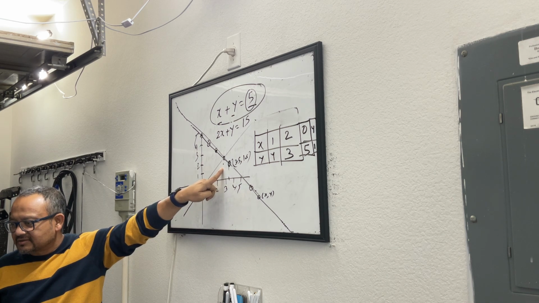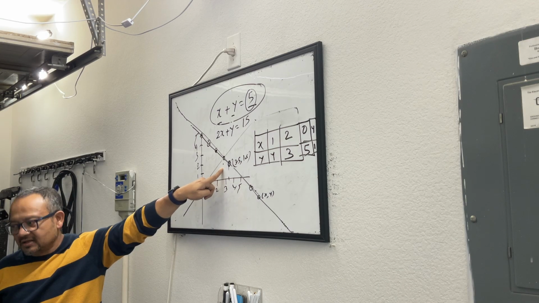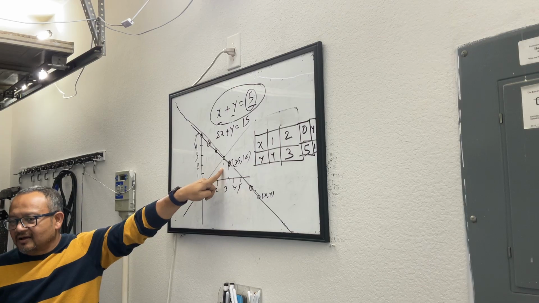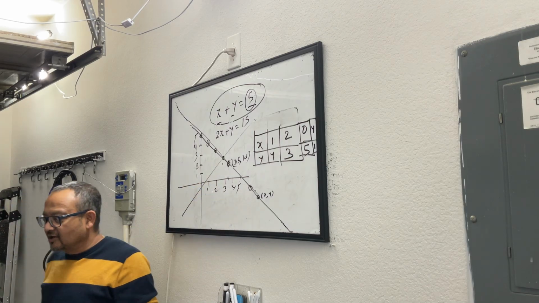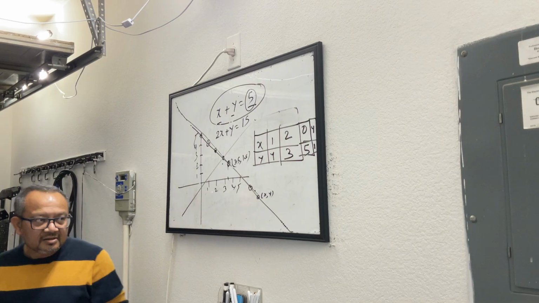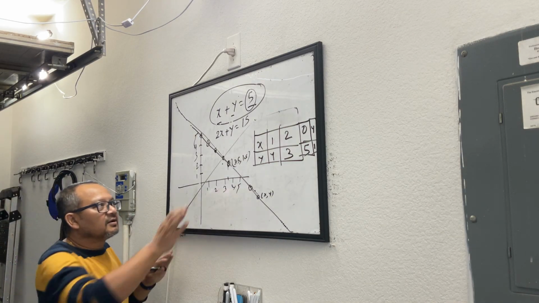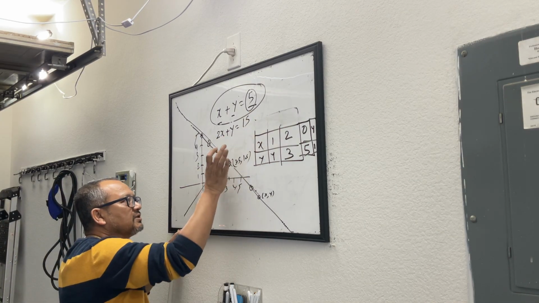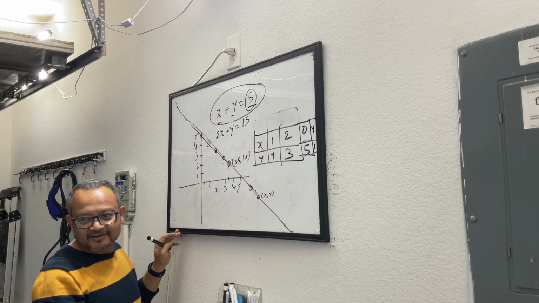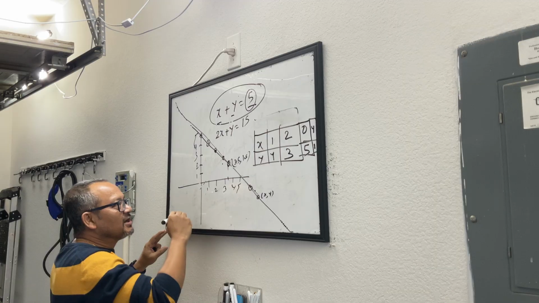Makes sense, sir, because otherwise there are multiple possible answers for x and y. Correct. If you want to narrow it down to one answer, you need two equations. Wait, why do we have two equations? If you don't have two equations, you're talking about infinite possibilities. Oh, okay, I got it. You are trying to nail it down.